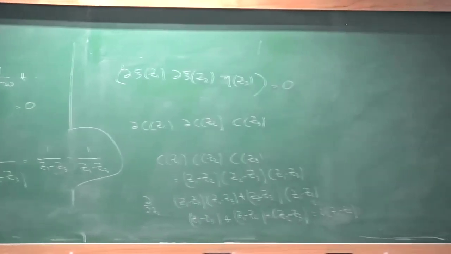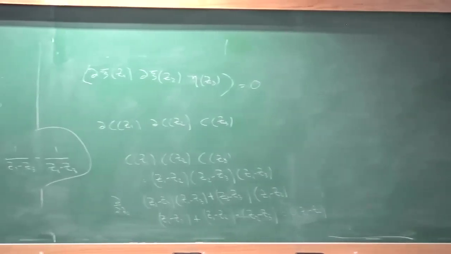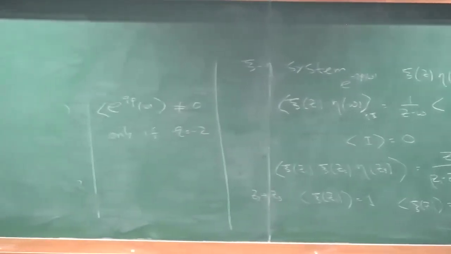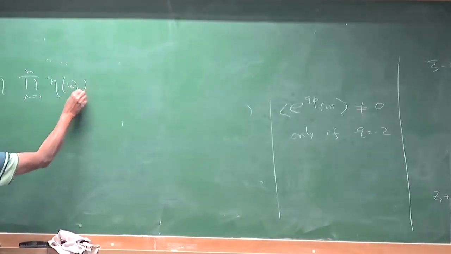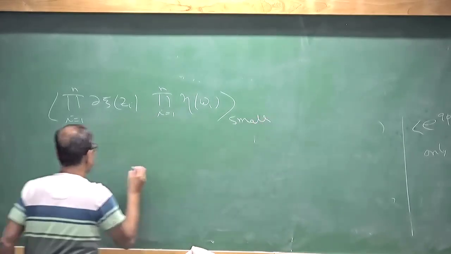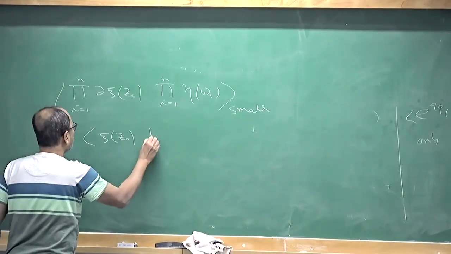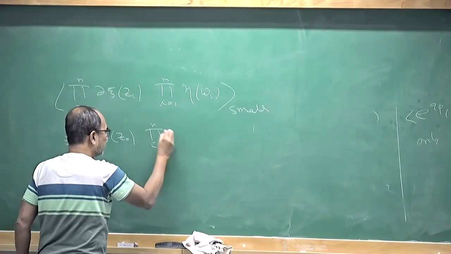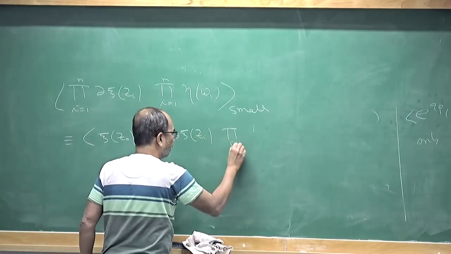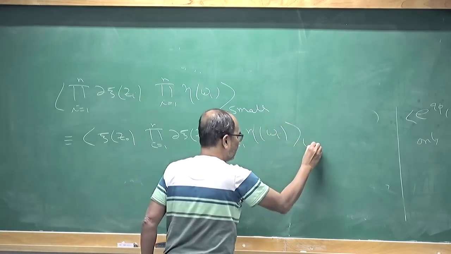That product over i equal to 1 to n del xi of zi, product i equal to 1 to n eta of wi in the small Hilbert space is by definition xi of z naught, product i equal to 1 to n del xi of zi, product i equal to 1 to n eta of wi in the large Hilbert space.